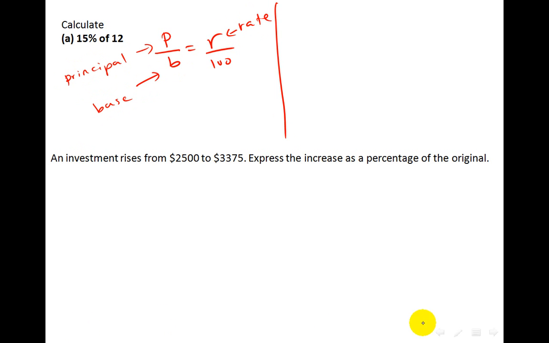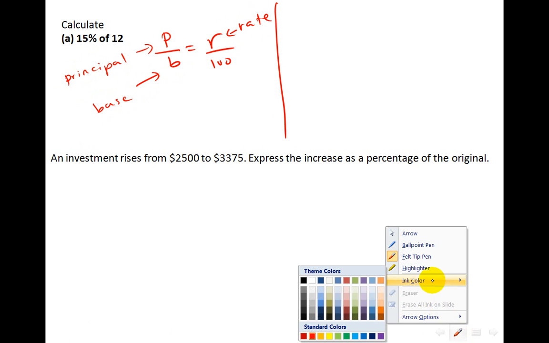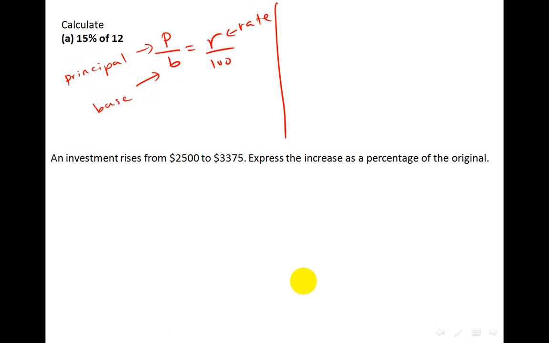And by the way, there are different and many types of formulas that are applied on the percentage, so there might be another method to solve this one. Anyway, the principal is something that I don't know, but the base is 12 because I want to know 15% of 12, so the total amount is 12, and the rate is already given here that it's 15 over 100.